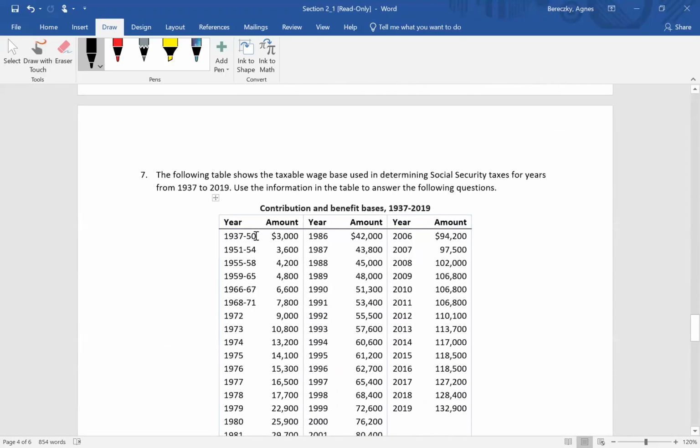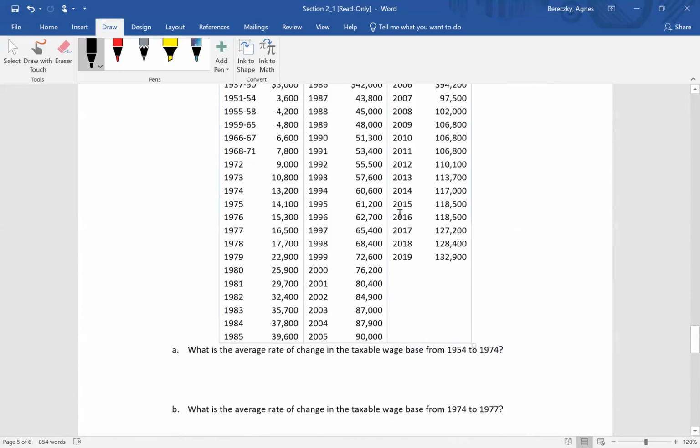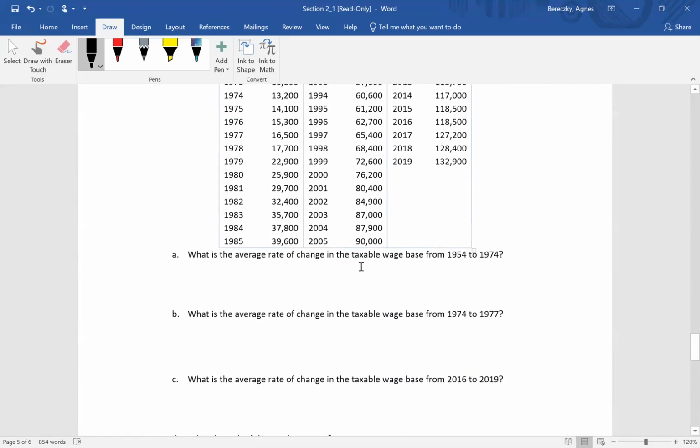The following table shows a taxable wage base used in determining Social Security taxes for years from 1937 to 2019. Use the information in the table to answer the following questions. So we will be referring to the table. What is the average rate of change in the taxable wage between 1954 to 1974?